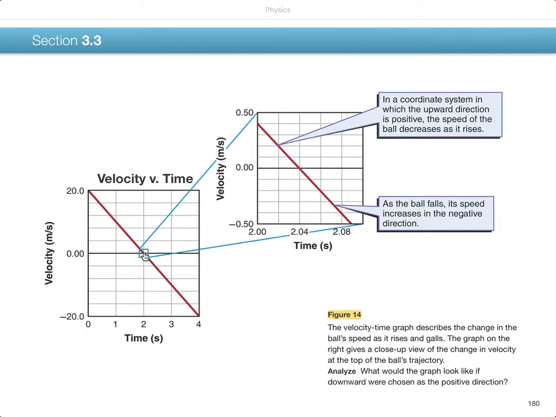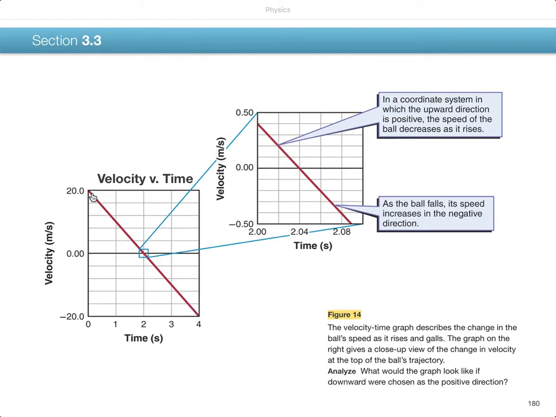The instantaneous speed goes to 0 as it changes direction, and then it begins coming down faster and faster and faster, because negative velocity means you're going downwards. And as you go down, you pick up speed. So first, you slow down as you go up. You come to a moment or an instantaneous stop, and then you speed up on the way down.